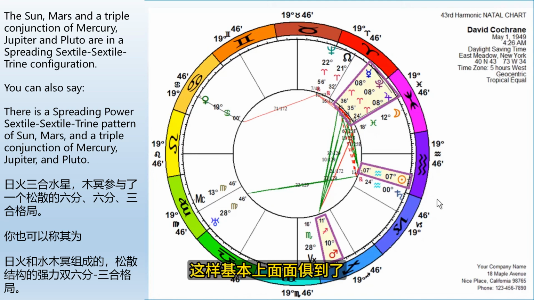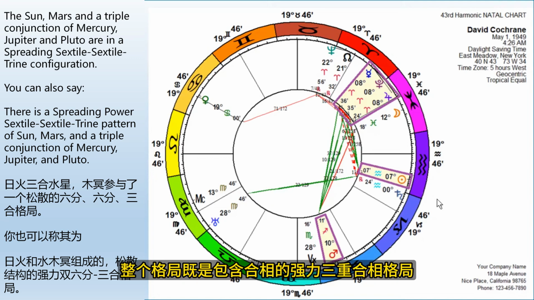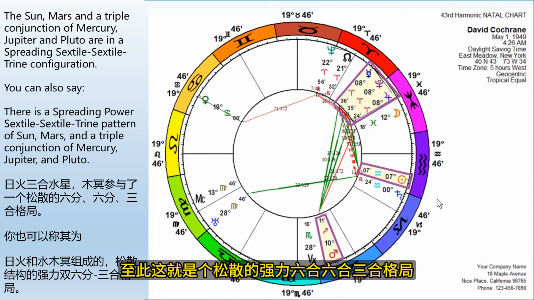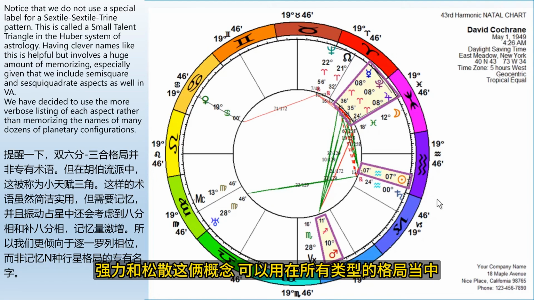That conveys clearly what's going on. So this configuration is both a power configuration, because it's got the conjunction, in fact, the triple conjunction, and it's spreading. One of the aspects is out of orb. So it's a spreading power sextile trine. So power and spreading are used all the time for any kind of configuration.